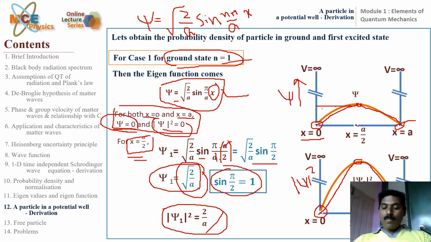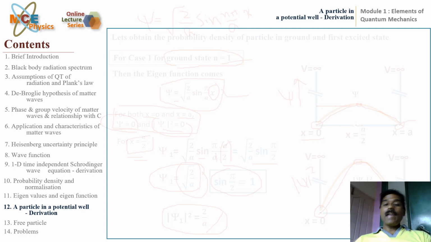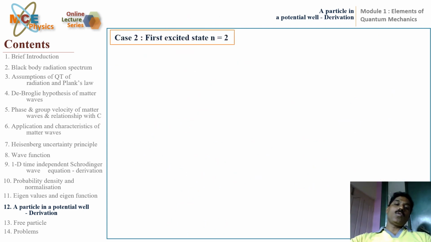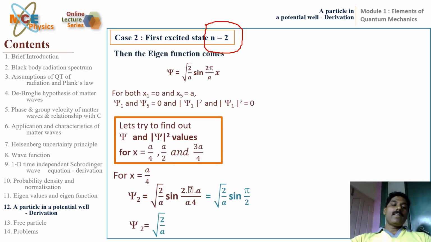Let me go to the next part, wherein I take n equal to 2, meaning the particle is in the first excited state. If n is equal to 2, the wave function becomes square root of 2 by a sin 2 pi x by a.